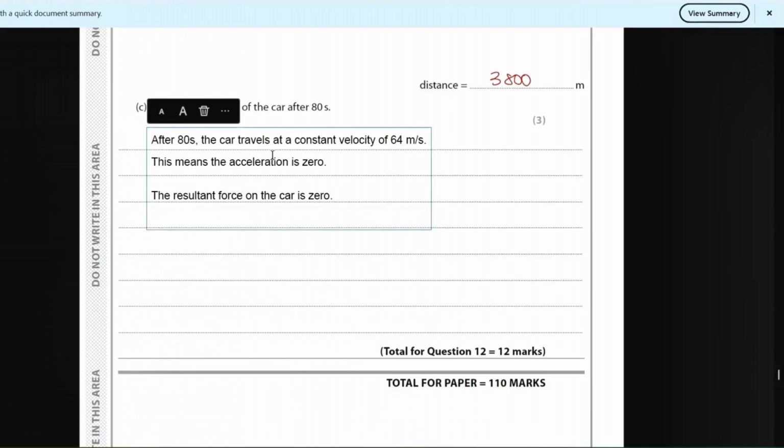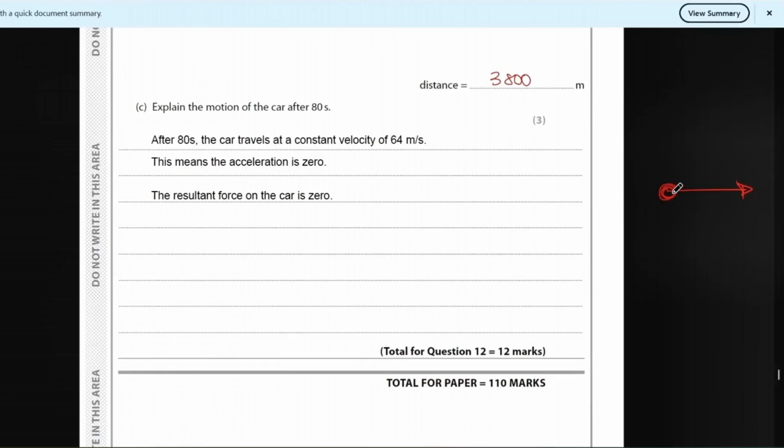Why is that? That's because even though the car maintained a constant driving force, the resistive forces like air resistance keep on increasing up to the point they equal the driving force. So let me draw a diagram. Let's say this is a car. Initially, it has a big driving force, but it has a small air resistance or resistive forces. As the speed increases, friction stays the same, but air resistance also increases with speed.